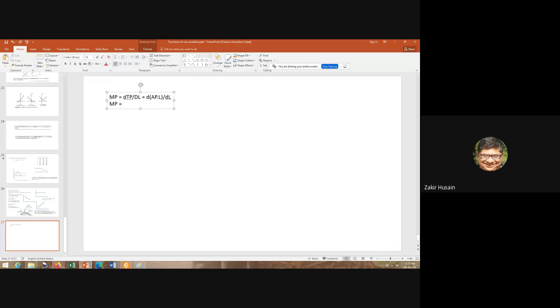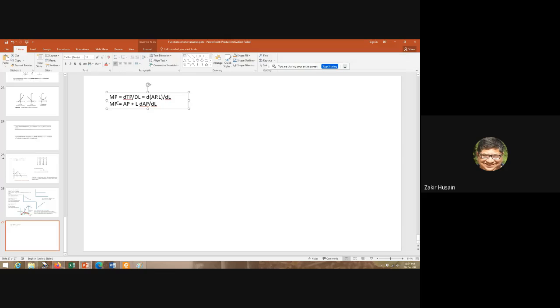MP is equal to AP plus L into dAP over dL.